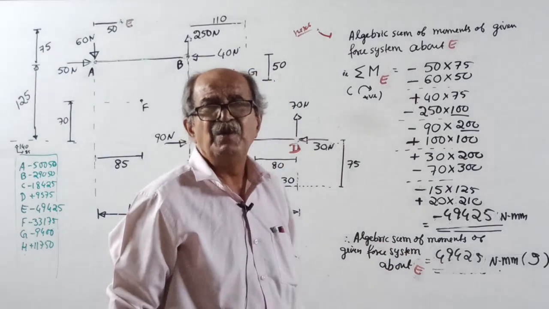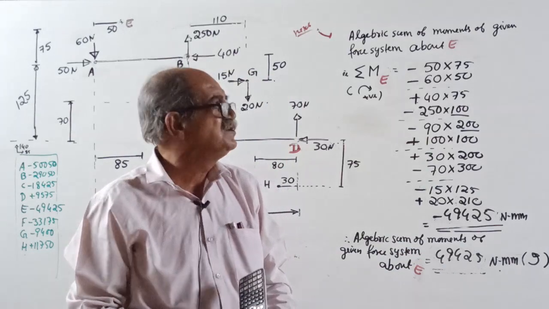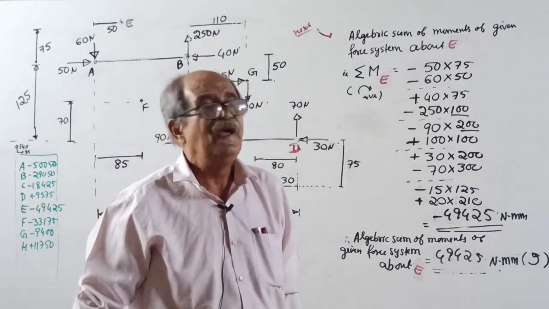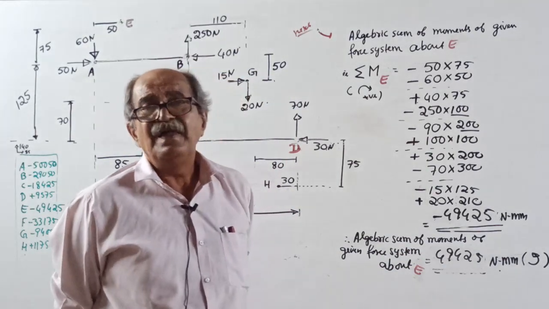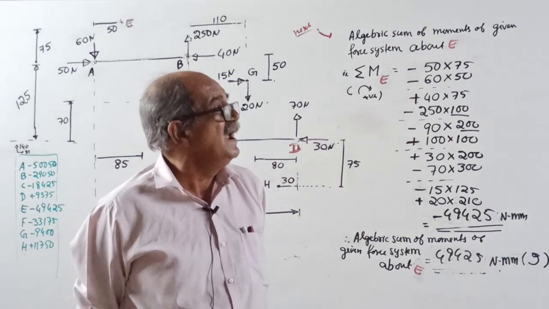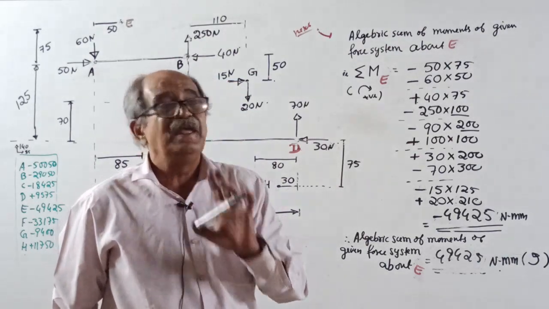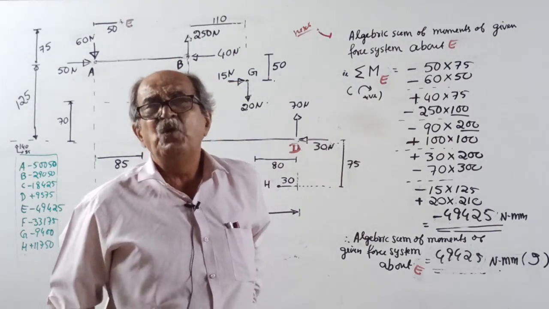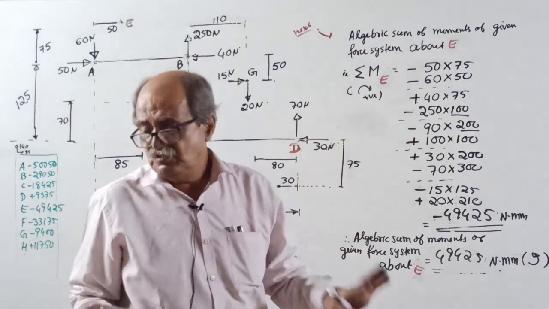I told the answer will come. No structural problem can cheat me or give an answer other than what I tell firmly. If the answer is not coming, the only chance is a calculation mistake. Okay, over.